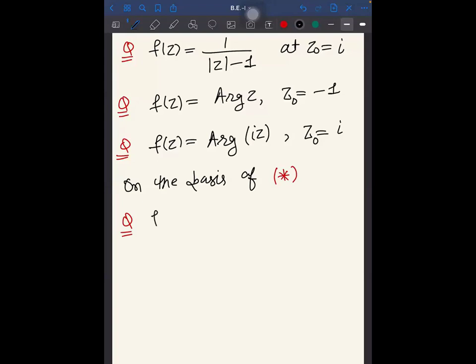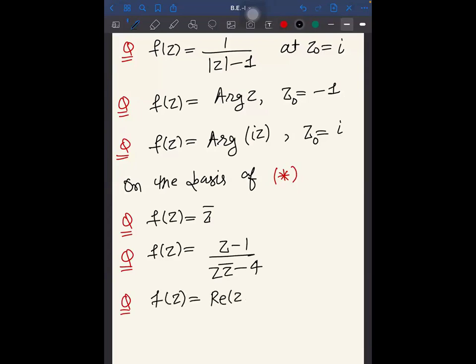That is f(z) is equal to z bar; next is f(z) is equal to z minus 1 upon z bar minus 4; and the last one is f(z) is equal to real part of z into imaginary part of z.